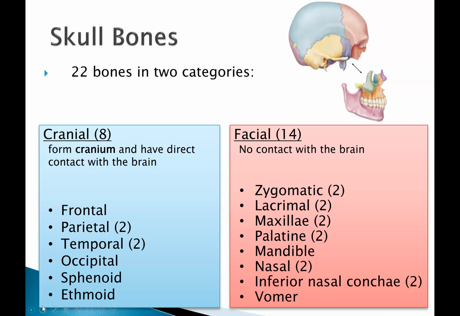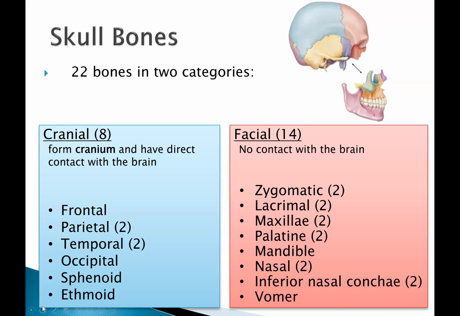So if a bone is touching the brain, it is considered a cranial bone. If it's a bone in the skull, but it does not touch the brain, it's one of the 14 facial bones. So you have 1 frontal bone, 2 parietal bones, 2 temporal bones, 1 occipital, 1 sphenoid, and 1 ethmoid.